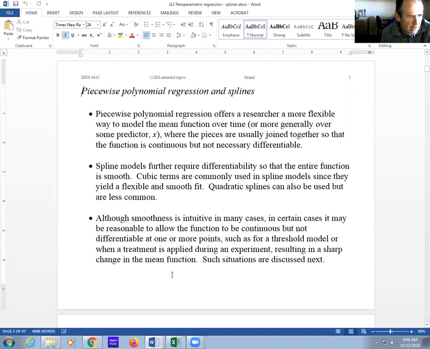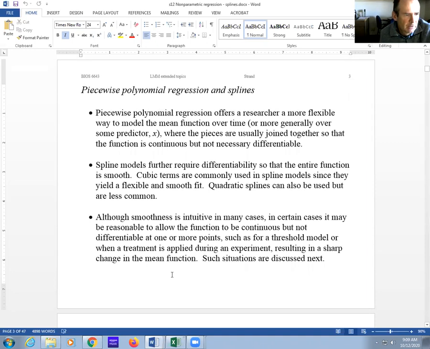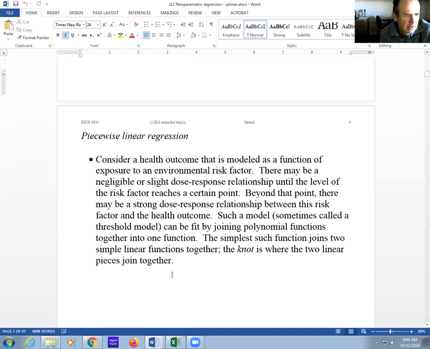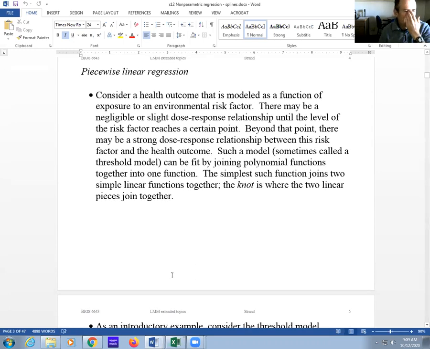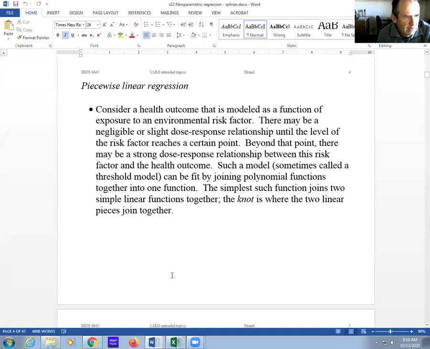So the question is, how do we go about this, and when do we use this type of modeling? Just to start at the real basic level, consider some health outcome that we're measuring, and say it's a function of exposure to an environmental risk factor. This could be something like air pollution, where as that environmental risk factor increases, it leads to a higher health risk.